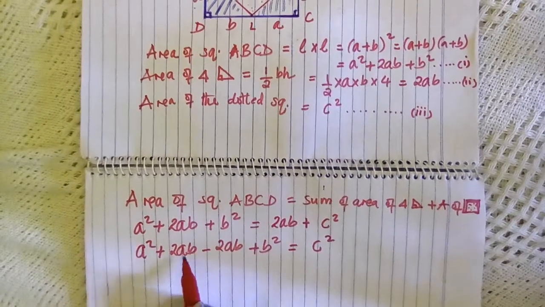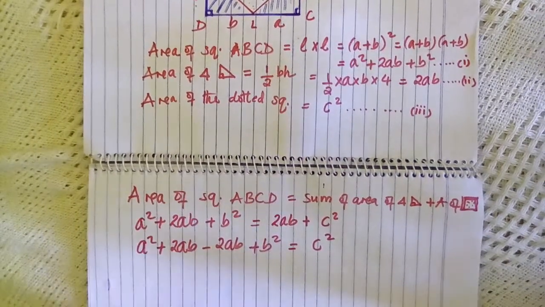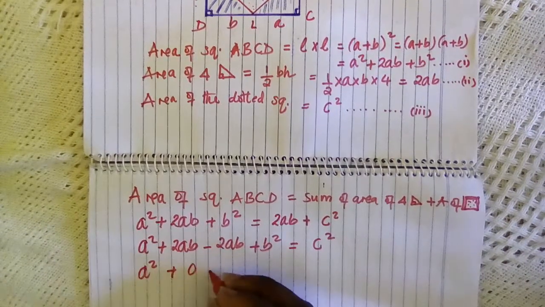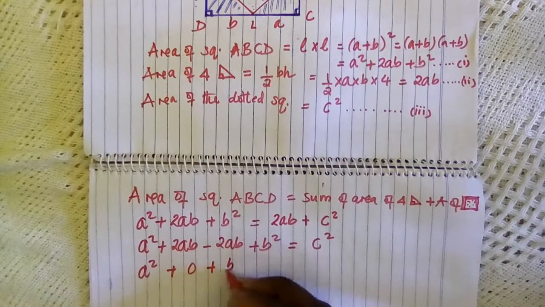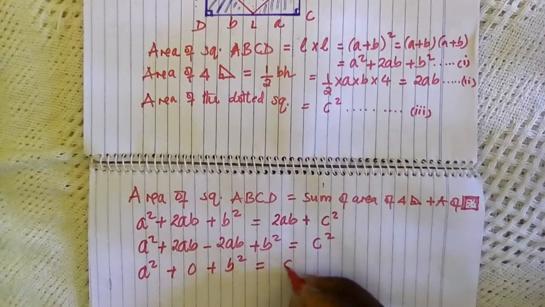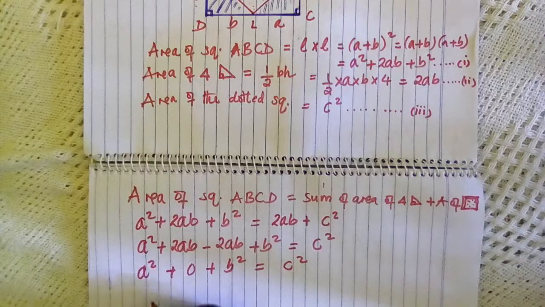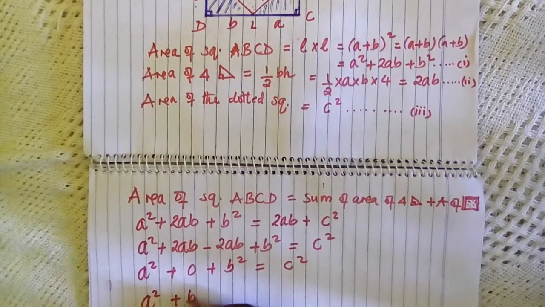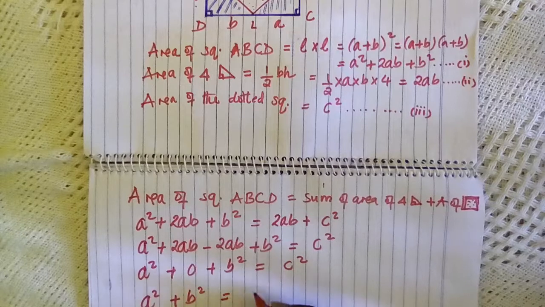As we can see, twice ab minus twice ab is basically 0. So a squared plus 0 plus b squared equals c squared. Then we can simplify this as a squared plus b squared equals c squared.